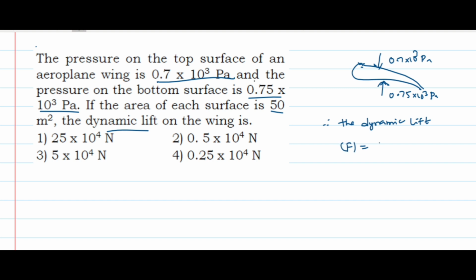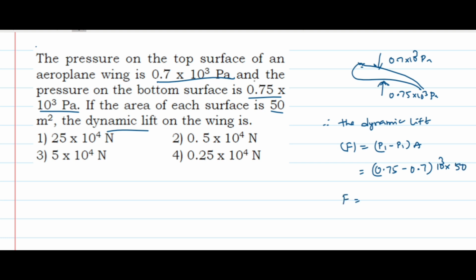Force is nothing but pressure difference into area of the wing. Pressure difference is 0.75 minus 0.7, in both cases 10 power 3 you can take common, into area. The area you will be getting as 50 meters square.